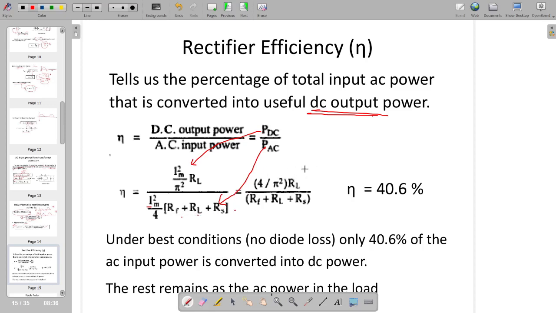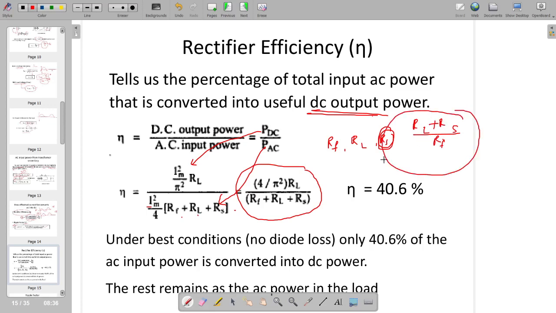On simplifying this equation, we get 4 upon pi square times R_L upon (R_L plus R_F plus R_S). Here R_F is very low, and R_S, the winding resistance, is negligible in terms of R_L.